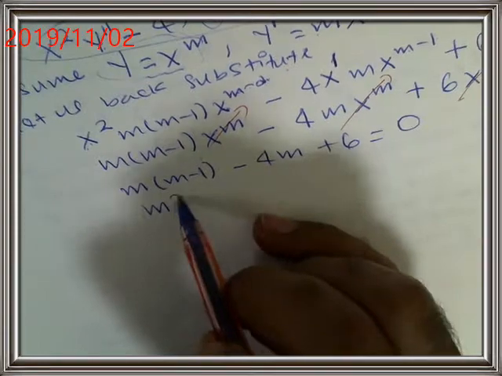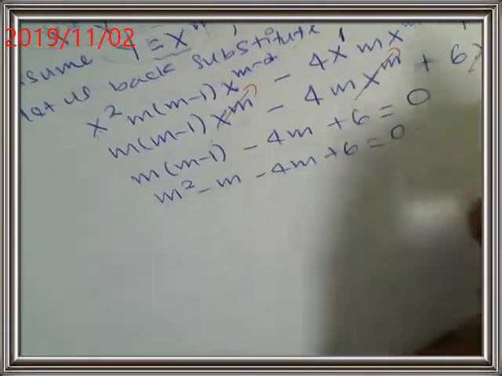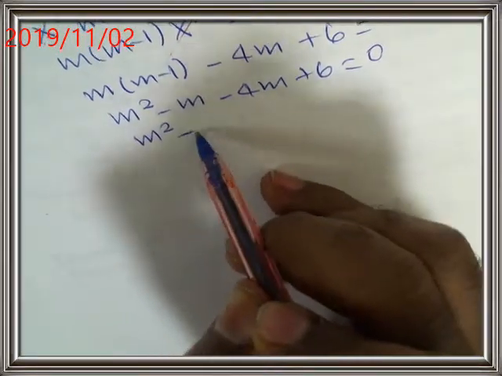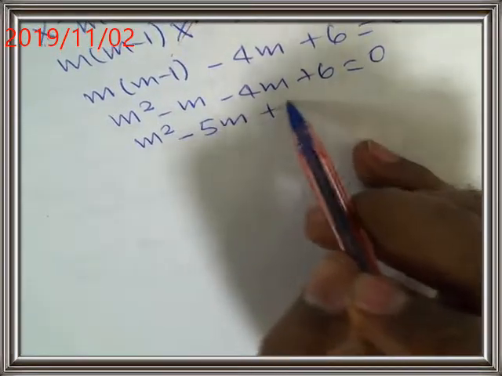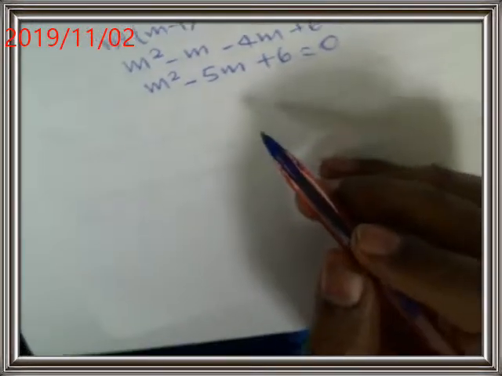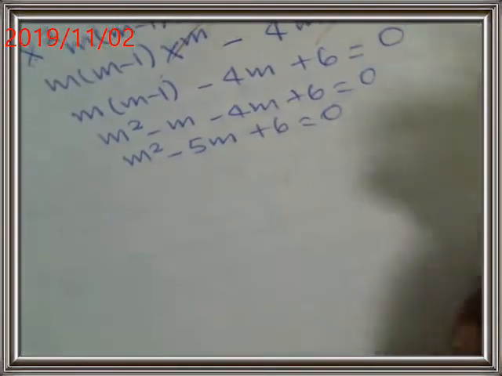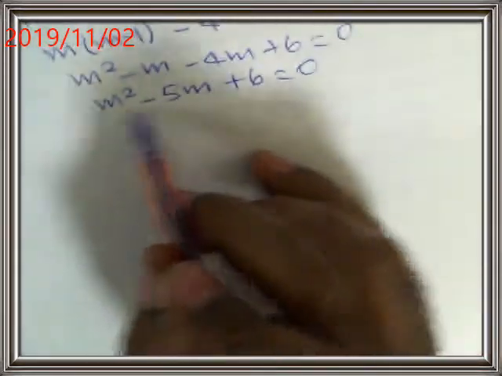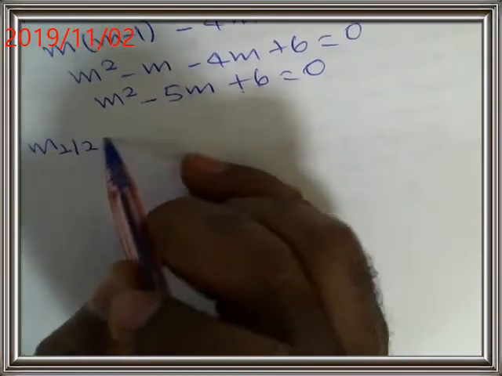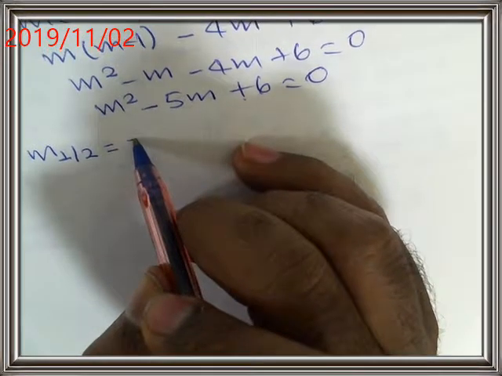If we simplify it further, it becomes m square minus m minus 4m plus 6 is equal to 0, right? So this is m square minus 5m plus 6. This is the simplified equation, but we need to evaluate the value of m. So this is a quadratic equation, so let us evaluate the value of m, which is minus b, right?